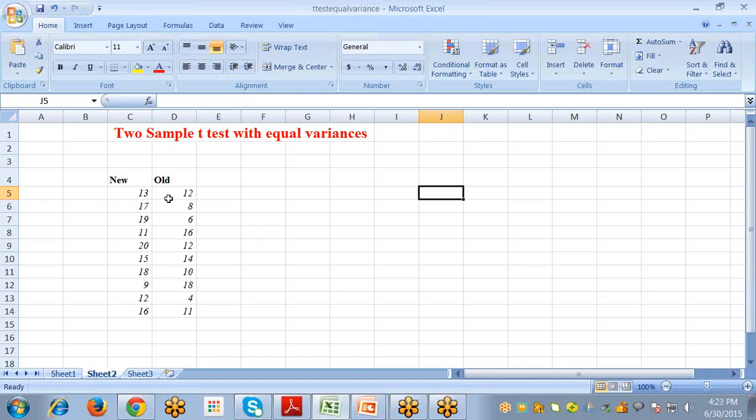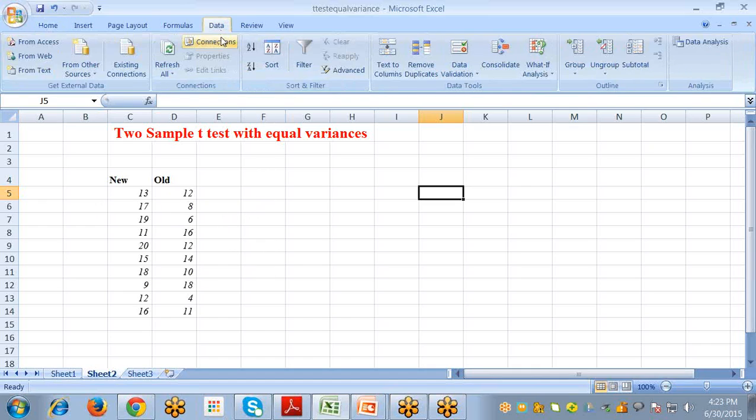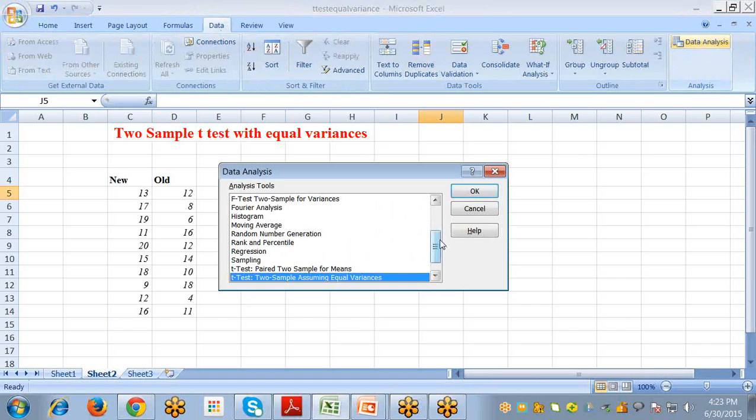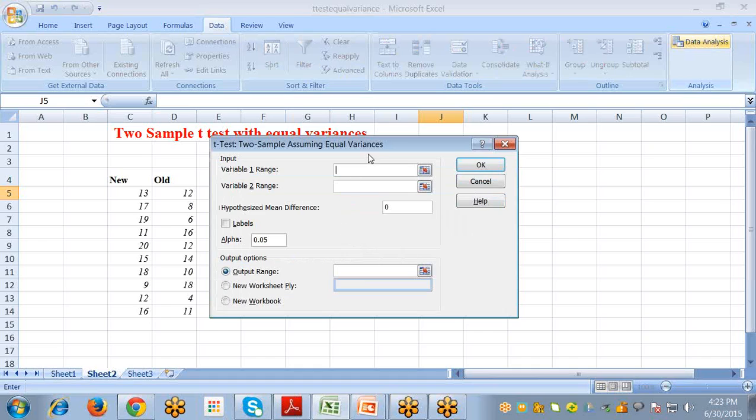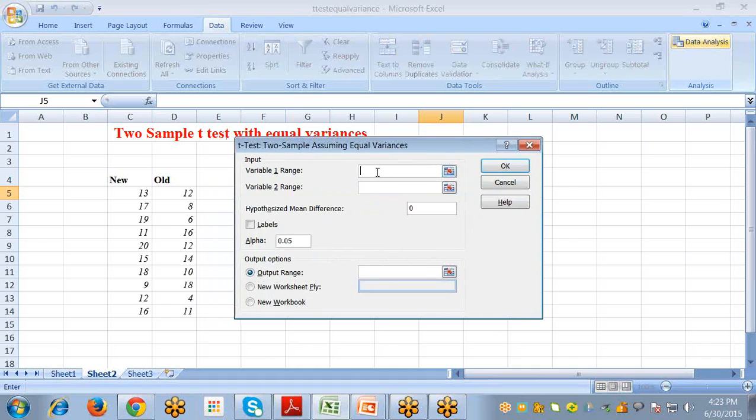To calculate this, just go to the Data tab and go to Data Analysis, and then from here select t-test two-sample assuming equal variances and click OK. Then select the range for the first variable, and then select the range for the second variable.